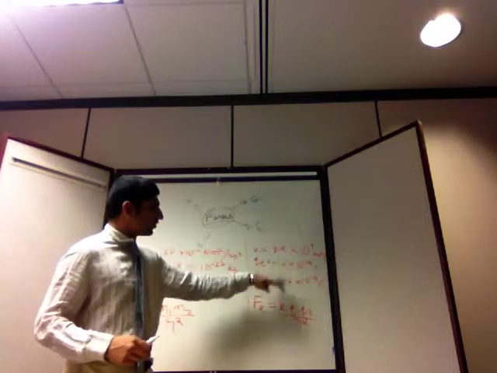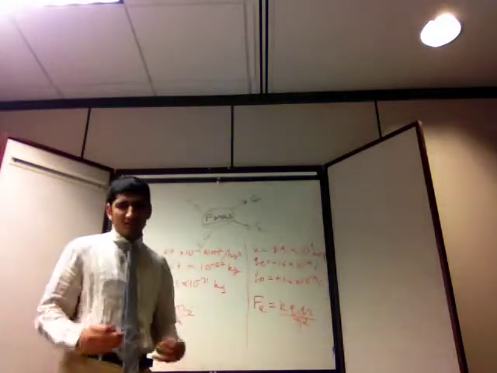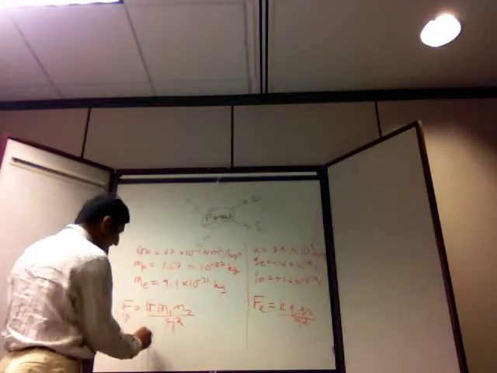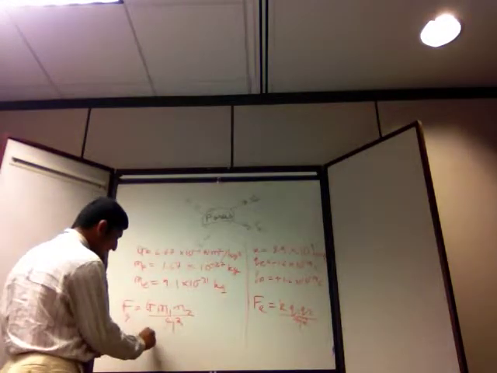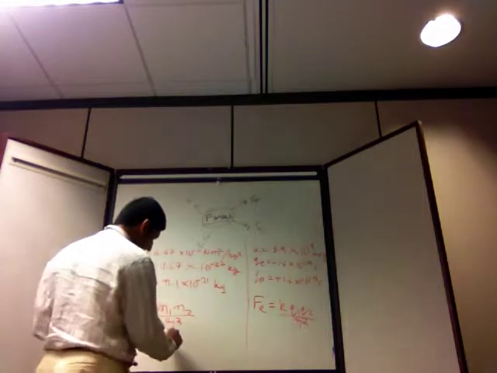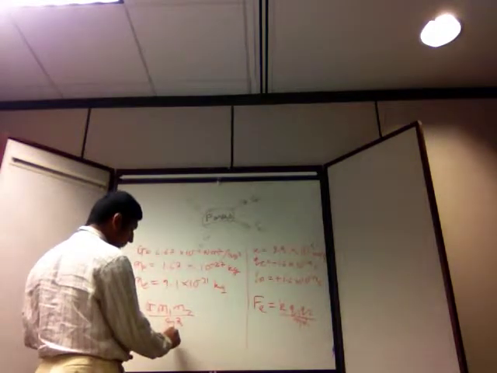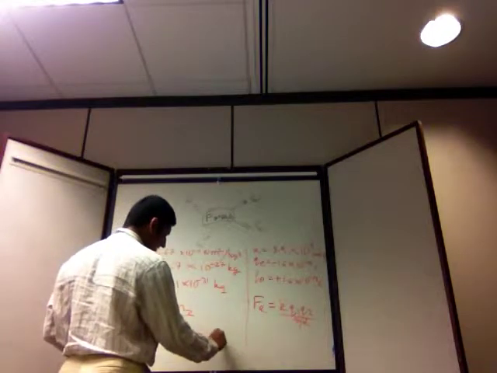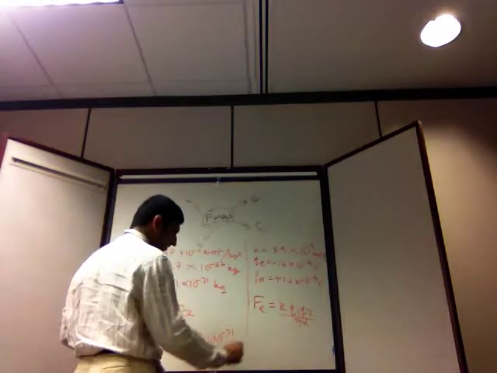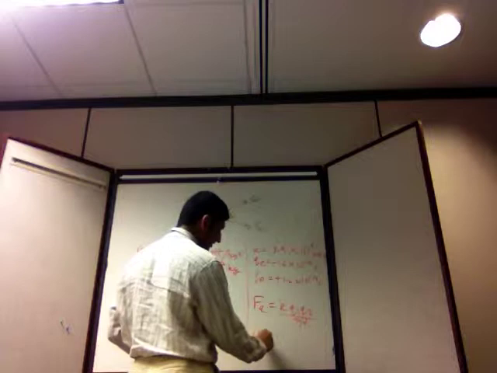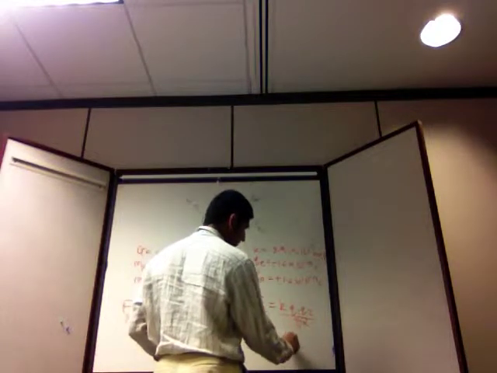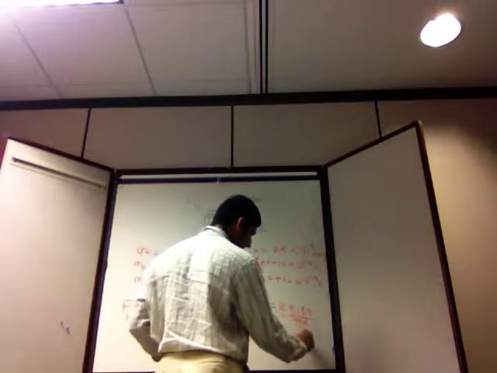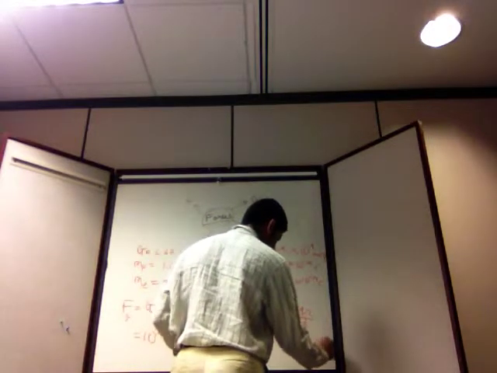So let's forget the coefficients, let's just look at the powers of 10 to get an order of magnitude estimate. We have G is 10 to the negative 11 into m1 into m2, 10 to the minus 27 into 10 to the minus 31. Similarly, this is going to be 10 to the 9 into 10 to the minus 19 into 10 to the minus 19.